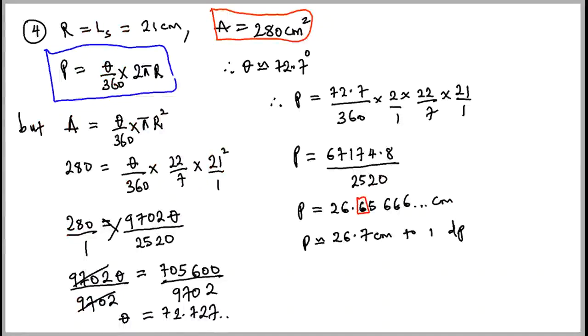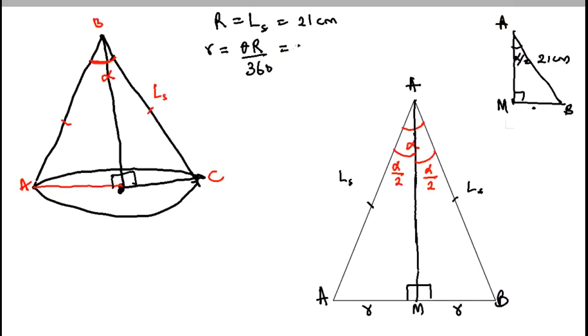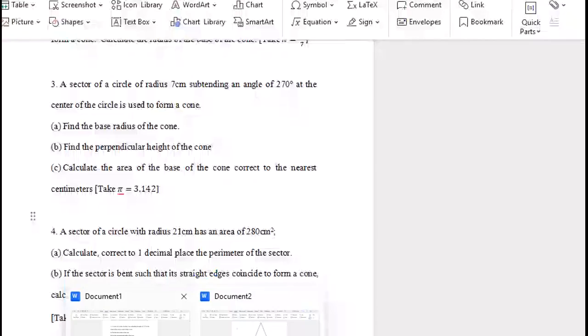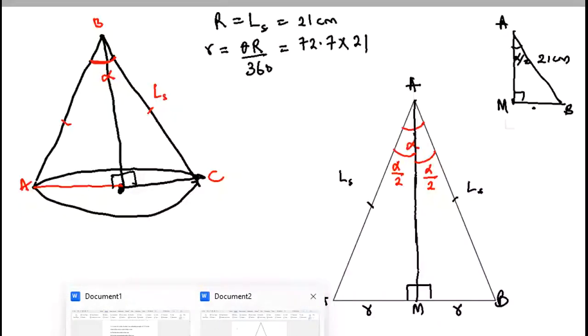Yes, we found it. That is 72.7. So write it down: 72.7 times the radius of the sector, which is 21. We've gotten that as well.